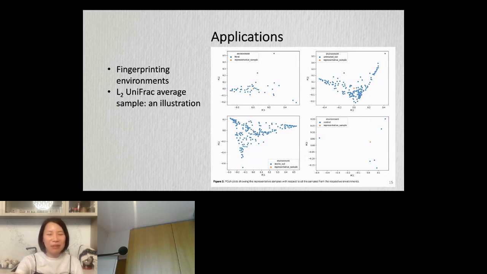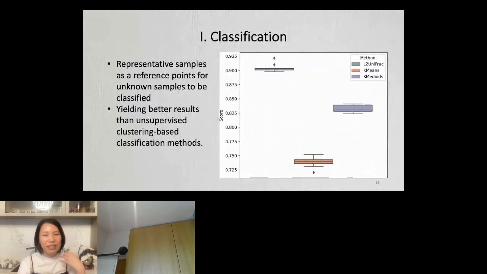Then what are some of the applications? First, we did a classification test to see the usefulness of this method. In this test, we used again the metagenomic samples from different body sites. For each of the body sites, we used 80% of the samples to compute the representative sample using the method we described.